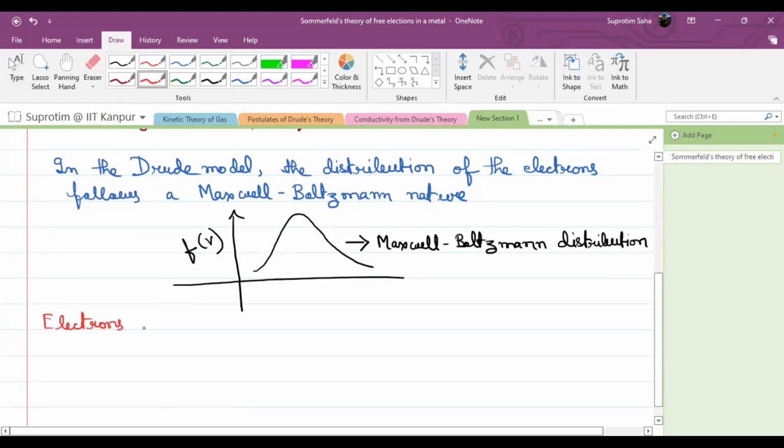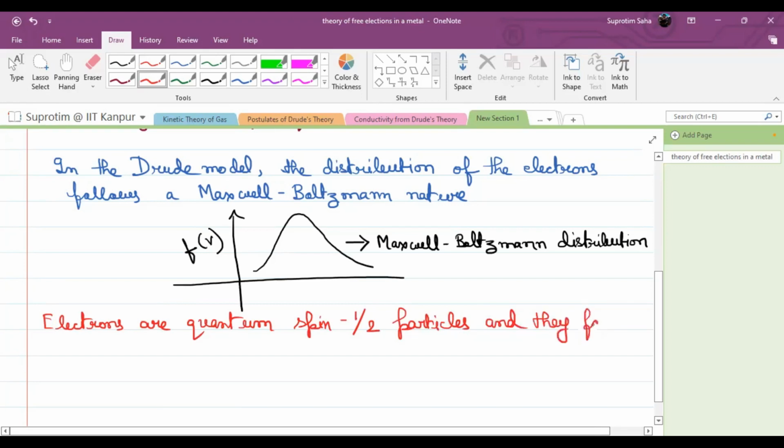Electrons are quantum spin-half particles and follow the Fermi-Dirac distribution. So they no longer follow the classical Maxwell-Boltzmann distribution, but obey Fermi-Dirac statistics.